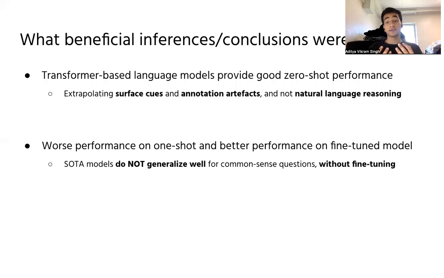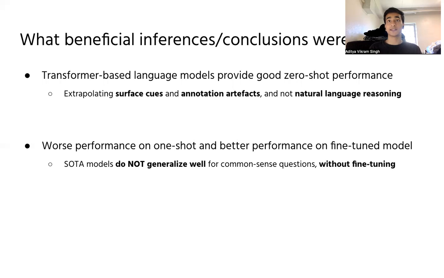And what were the inferences we drew from these? We came up with 2 major inferences. We understood that transformer-based language models provided really good zero-shot performance, given that they are not being provided with any data specific to the data set. But we also understood that a confounding factor was that extrapolating surface cues and annotation artifacts could be the reason we're getting this performance and not actually the model performing some form of natural language reasoning.